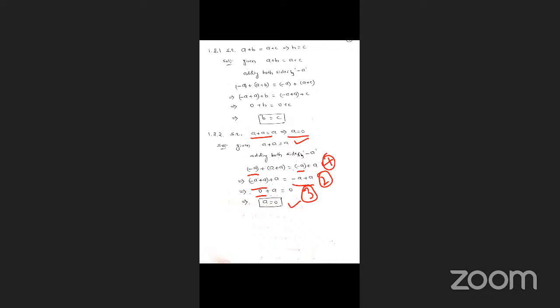The third one, minus a plus a giving 0, is the inverse property: minus a plus a is equal to 0, the inverse of a is minus a. Therefore, it will give 0, and 0 plus a is equal to a. Therefore, at last we get a is equal to 0 in this problem.